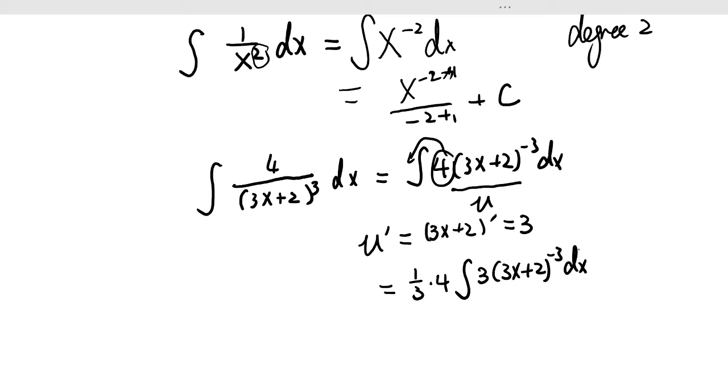After we prepare everything, we can get our final answer: 4 over 3, times 3x plus 2 to the negative 3 plus 1, over negative 3 plus 1, plus c.